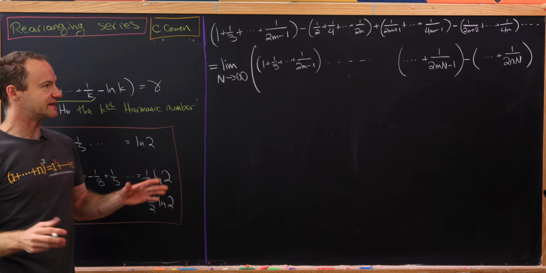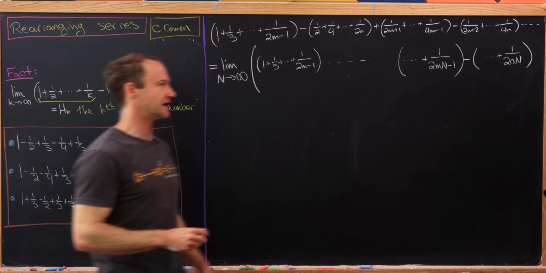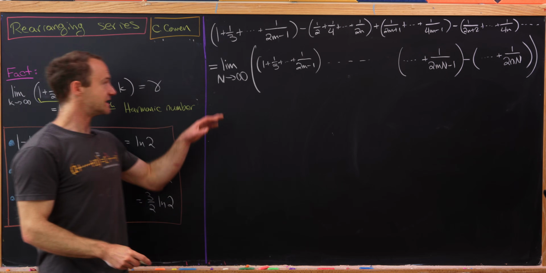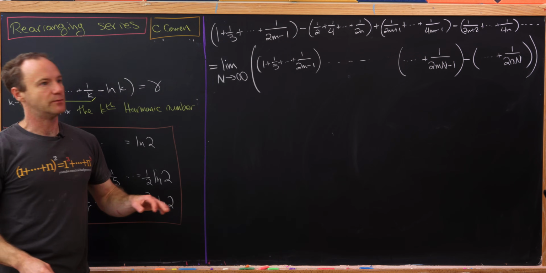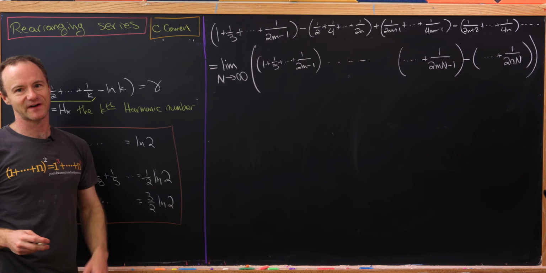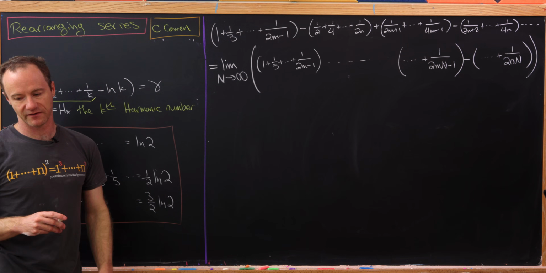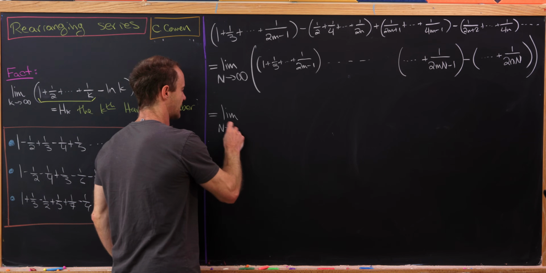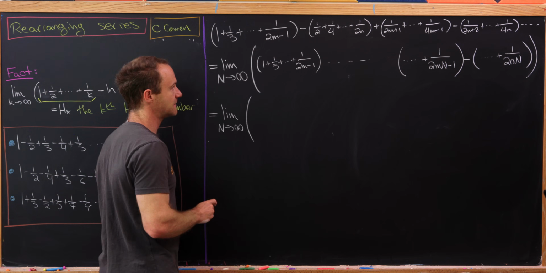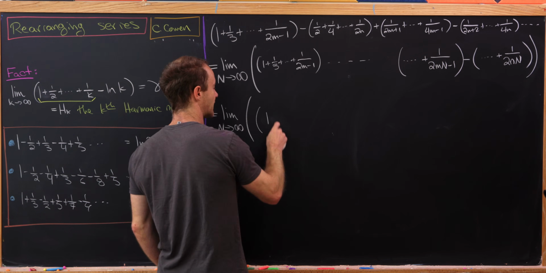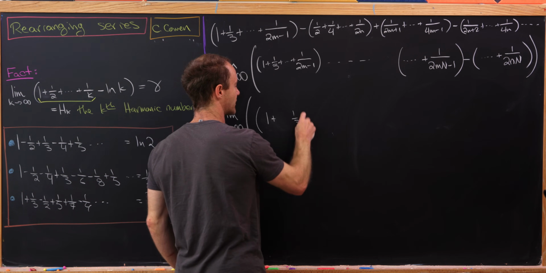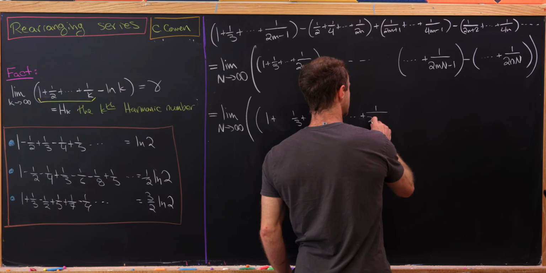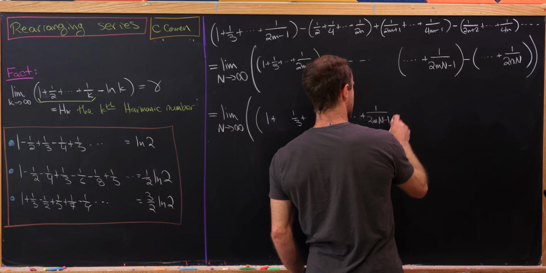Now what I'd like to do is smash all of these together into all of the positive terms together and all of the negative terms together. And I can do that inside of the limit because I've got a partial sum in the limit. That's a finite sum. I can always move things around if I have a finite sum. So that'll be the limit as I still have my capital N goes to infinity, and then my positive terms. So that'll be 1 plus 1/3 plus 1/5 plus up to 1 over 2 little m capital N minus 1.